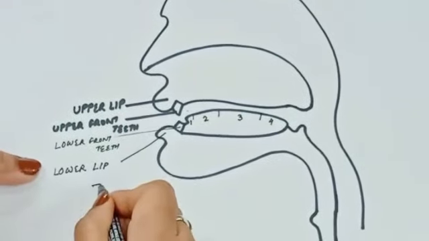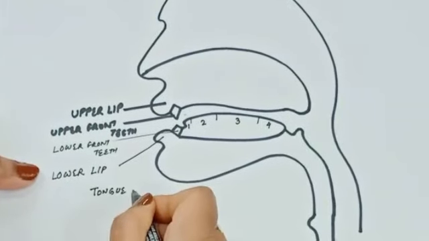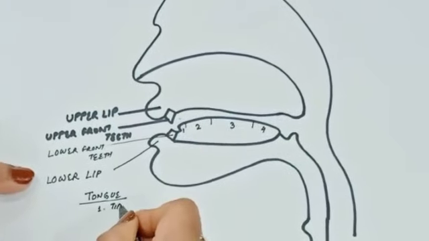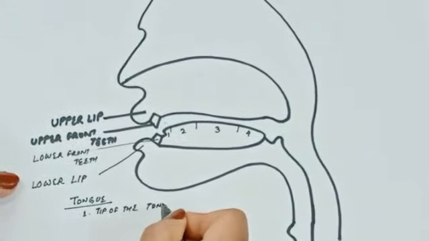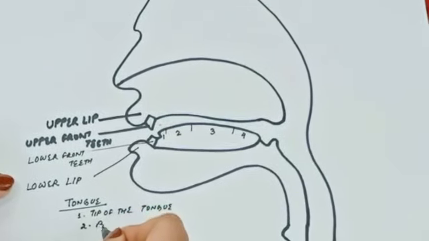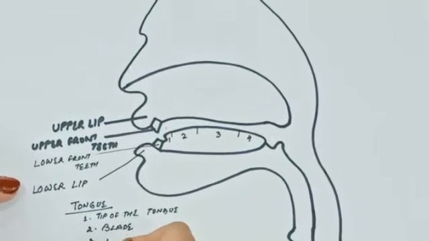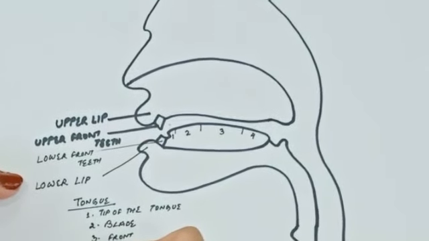Number 1 is the tip of the tongue. Number 2 is the blade of the tongue. Number 3 is the front of the tongue. And number 4 is the back of the tongue.